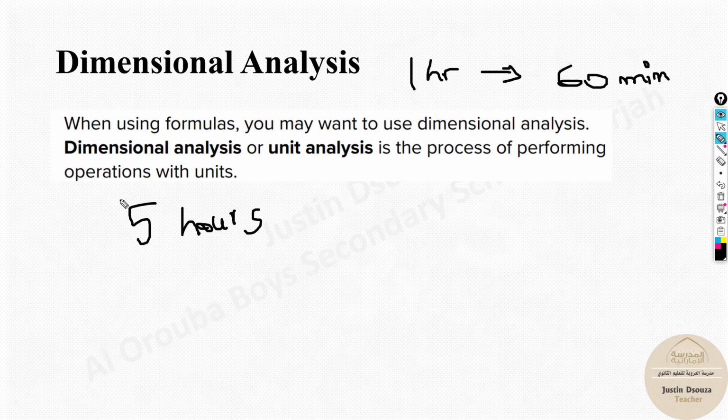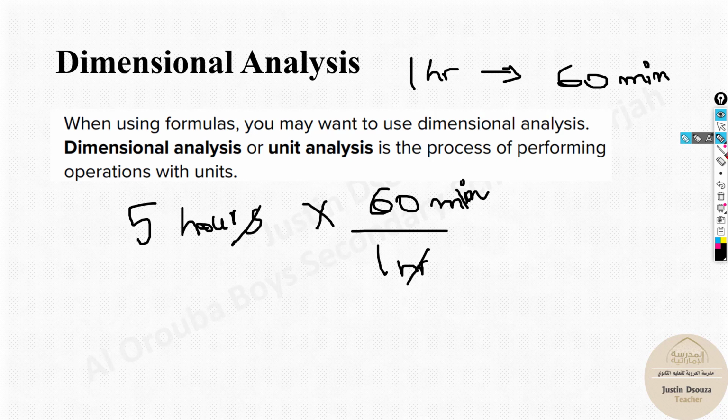Now I have 5 hours. Minutes would be many minutes. So what I need to do is just multiply here, because I need to get many minutes. So I need to multiply 60 minutes. This is what 60 minutes means, 1 hour. So this cancels with the dimension and you just have to multiply.